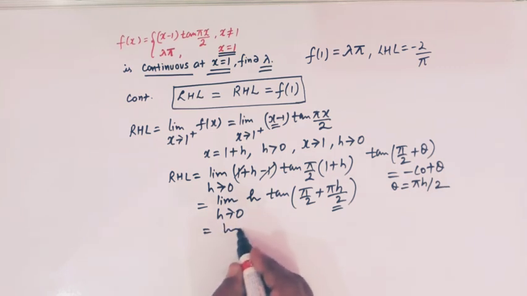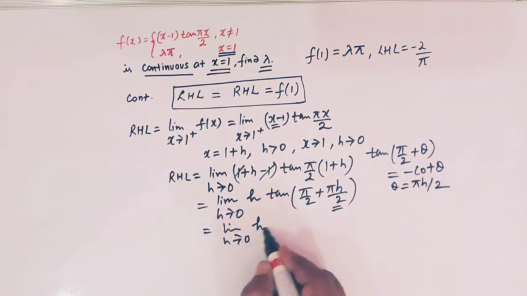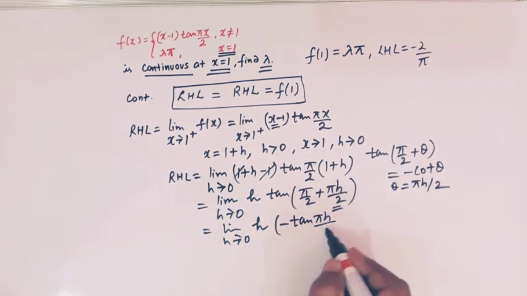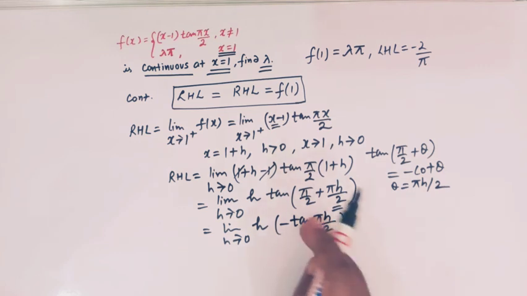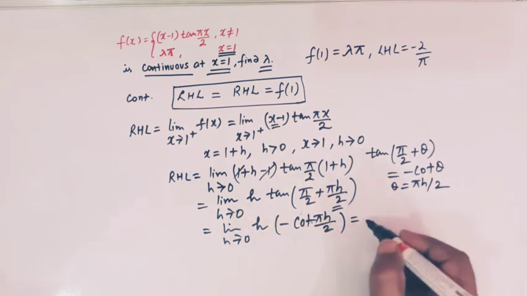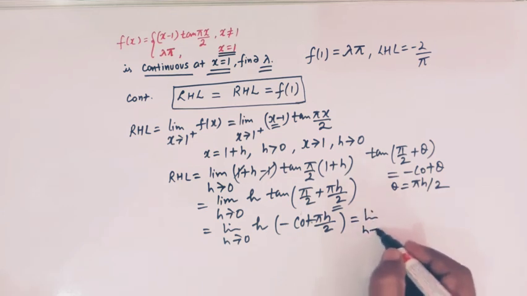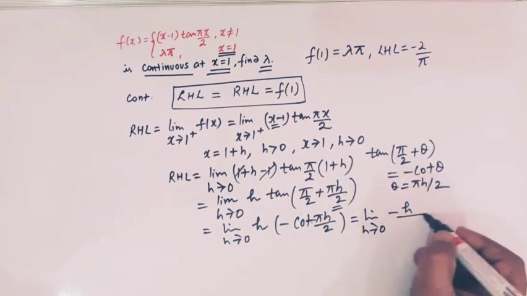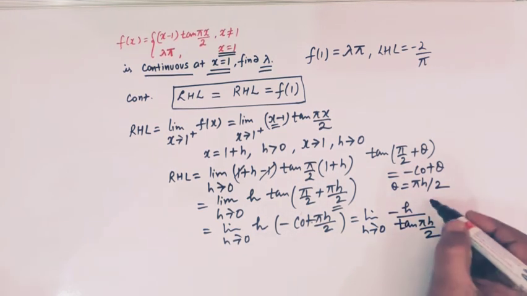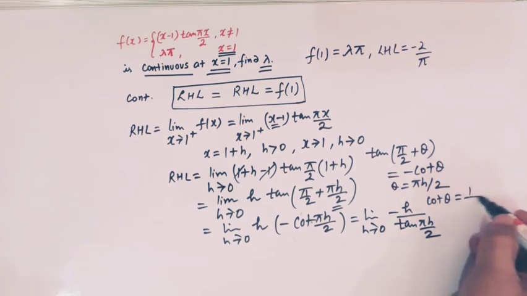So now we have limit h tends to 0, here we have h, and we have minus cot(pi h over 2), right? So now this can be written as limit h tends to 0 of minus h over tan(pi h over 2). Again, cot theta is equal to 1 over tan theta, right?